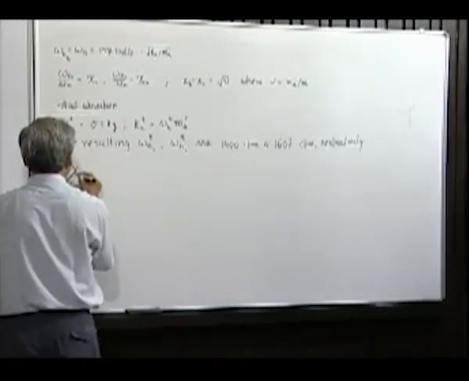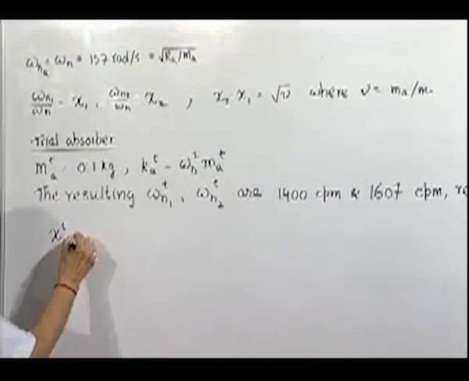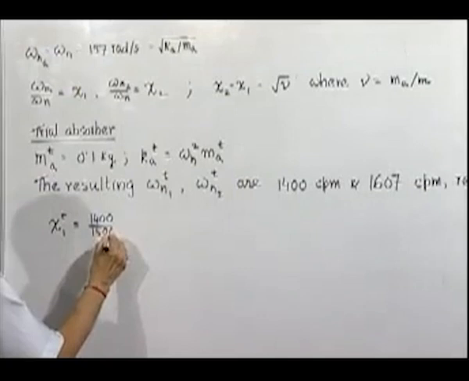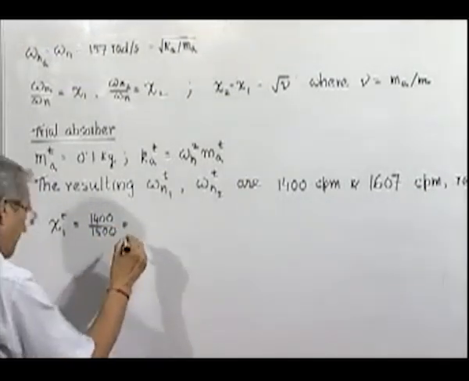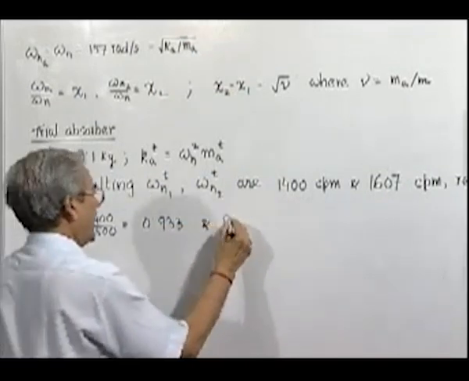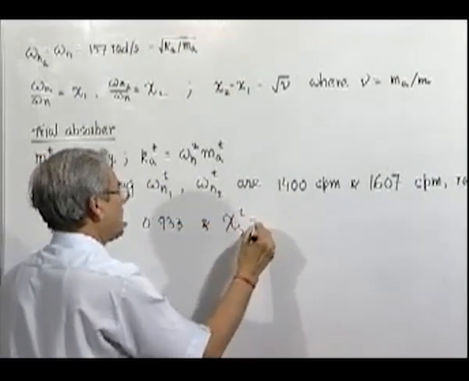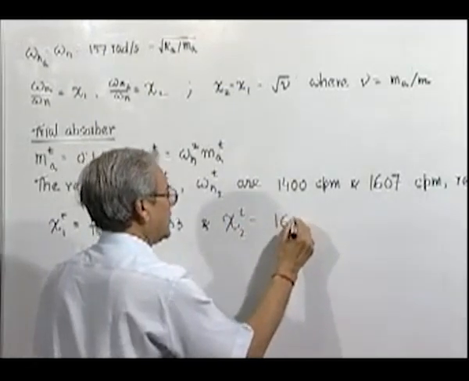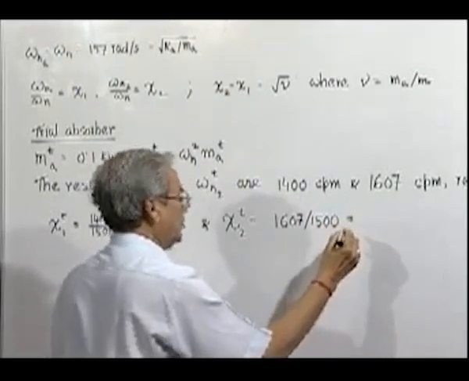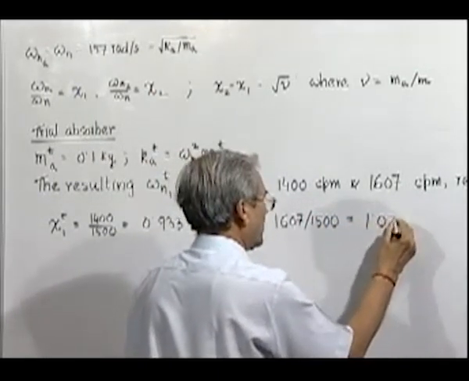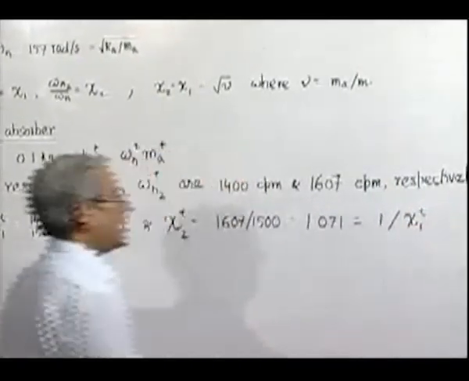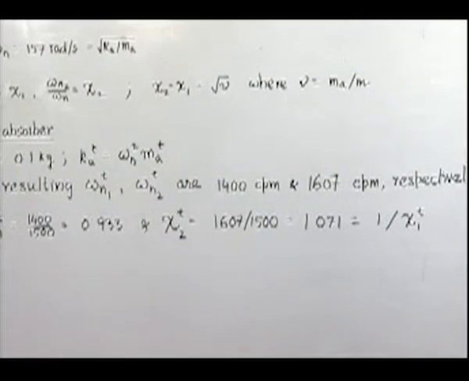So, therefore, trial value of chi 1T will be this, and chi 2T we can find out as 1.071, and we also know that this is nothing but 1 by chi 1T, because chi 1 into chi 2 must always be equal to 1, that we have derived.